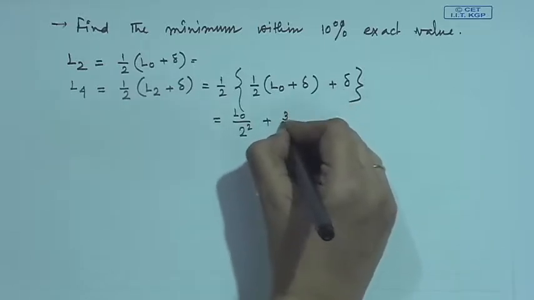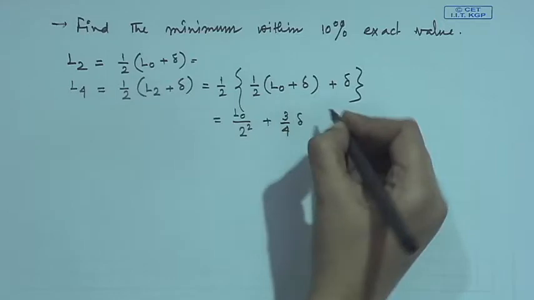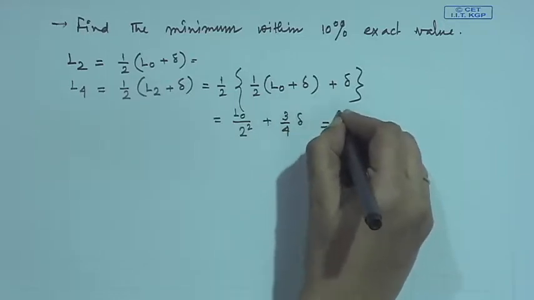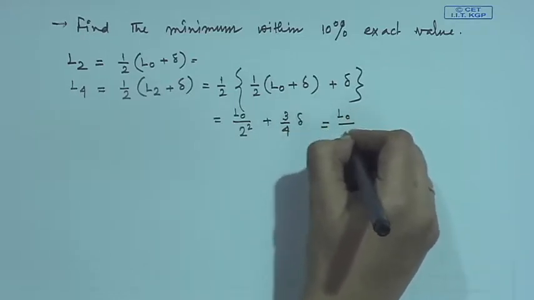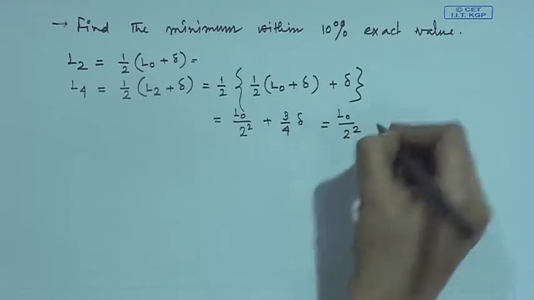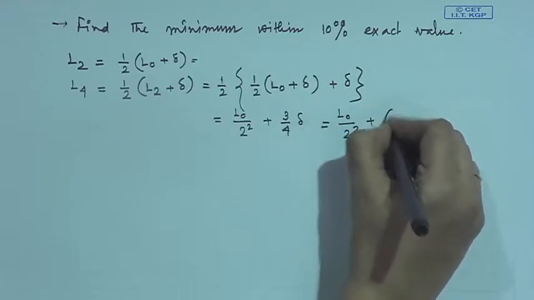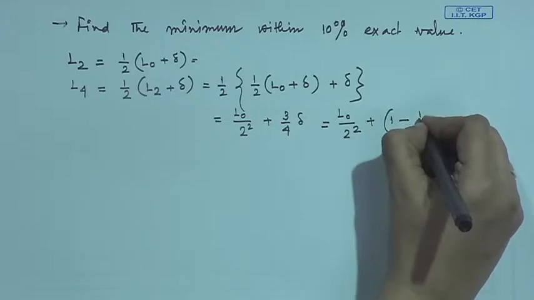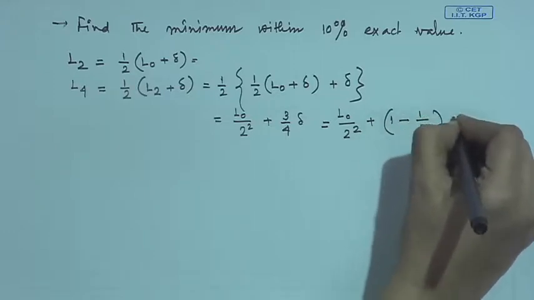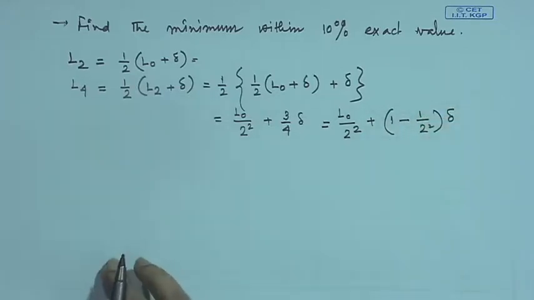That can be written as, and I am doing this simplification because I will get a nice pattern from here, 1 minus 1 by 2 square delta, alright.